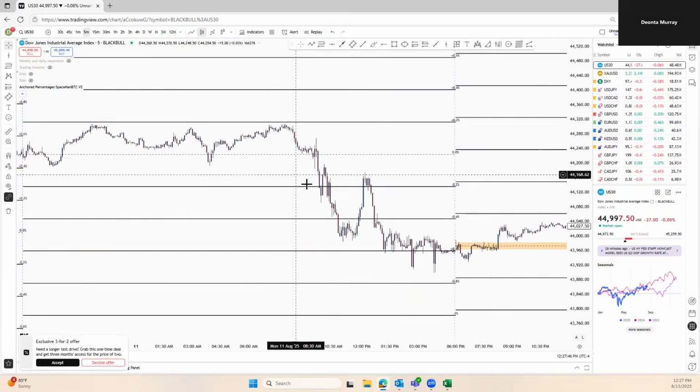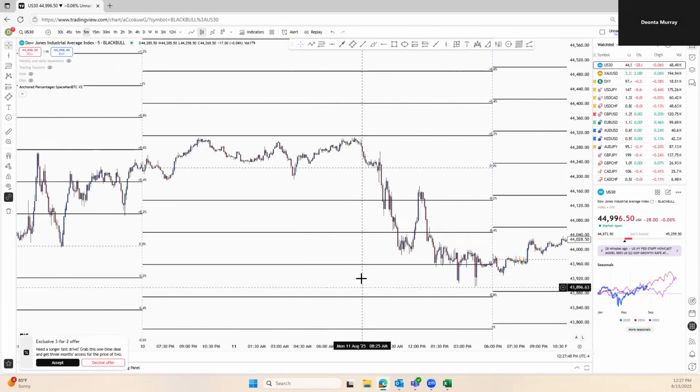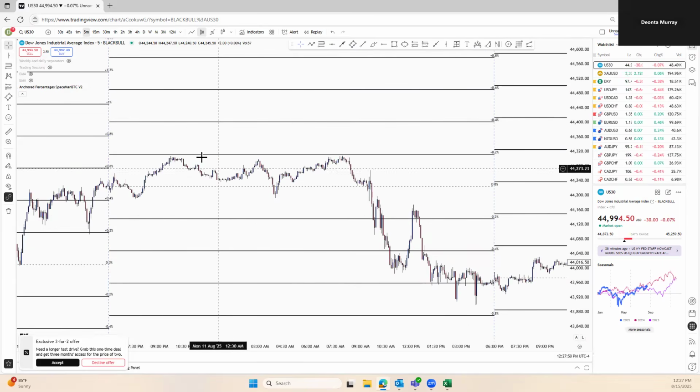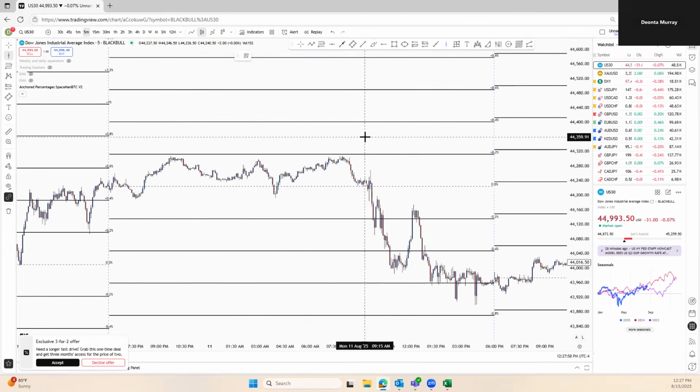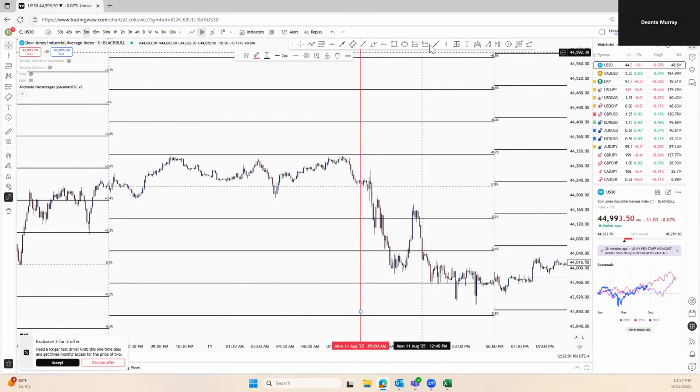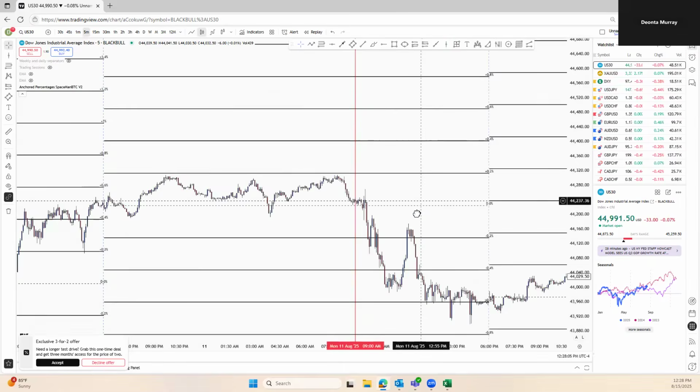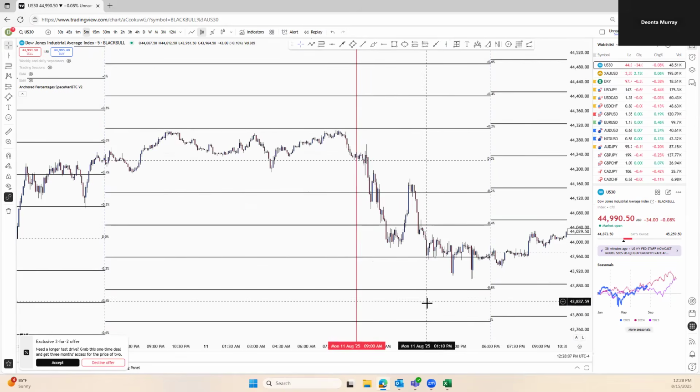Same over here. This goes back to what I was just telling you. If we haven't made a real move during Asian or London, then we know that NYC is going to, let me go back to 9 o'clock. 9 o'clock is here. We know that NYC is going to break out and go towards that 1%, 1% up or 1% down.